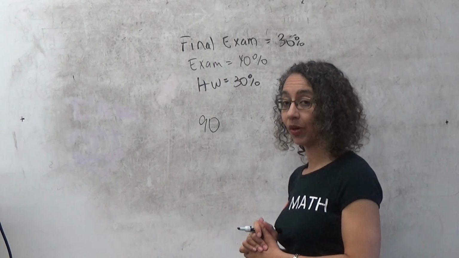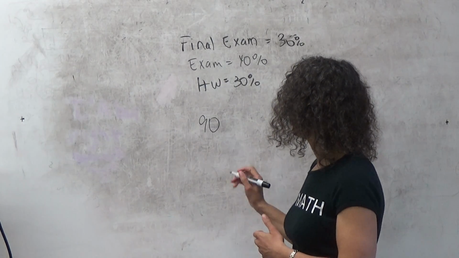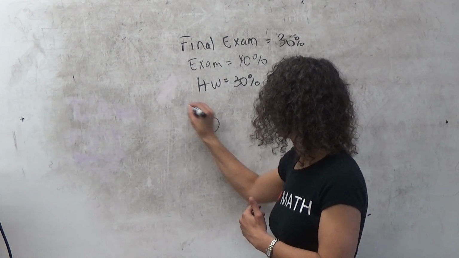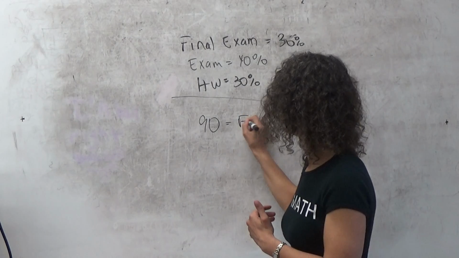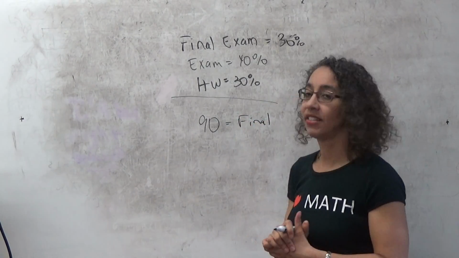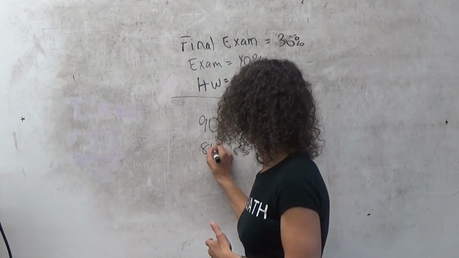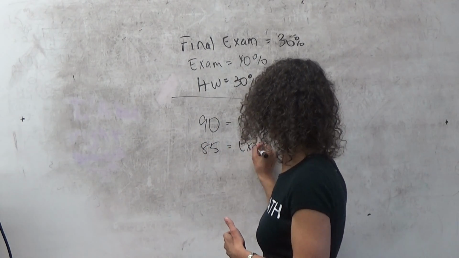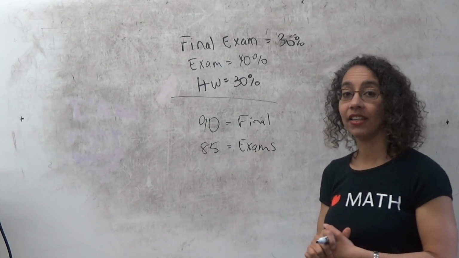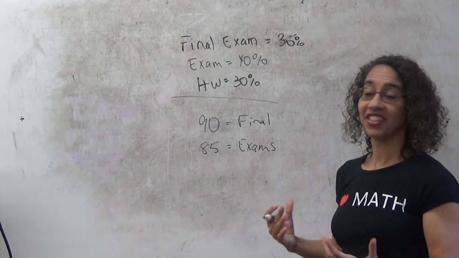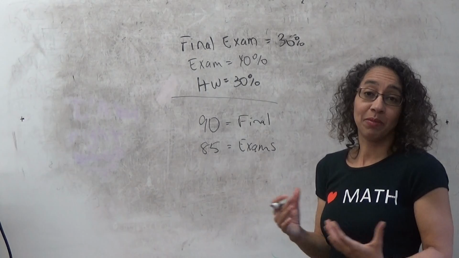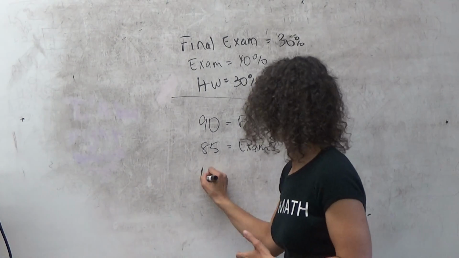That's my final exam grade. Let's say my exam average comes to 85. And I love doing homework, so my homework average comes out to be 100%.